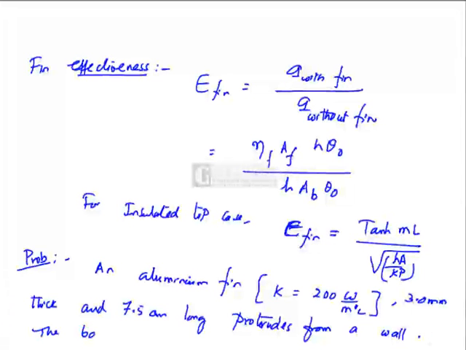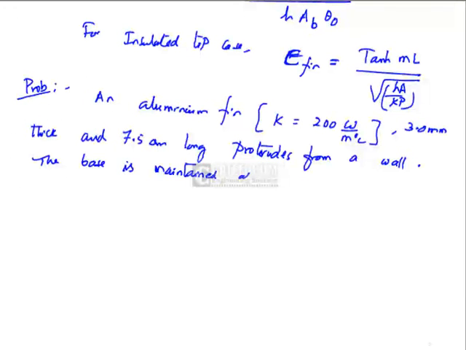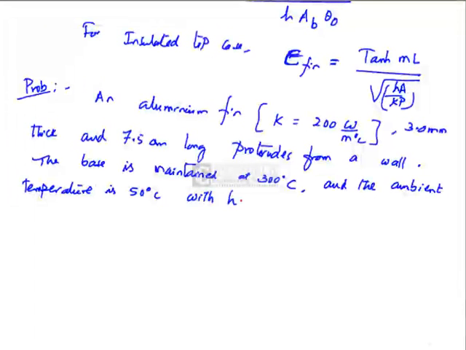The base is maintained at 300 degrees centigrade and the ambient temperature is 50 degrees centigrade with h equal to 10 watts per meter square degree centigrade.